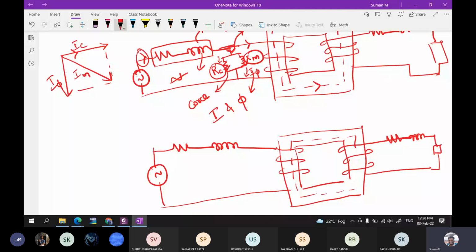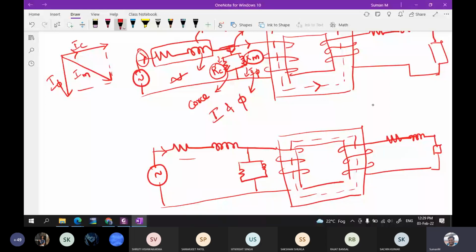And you are having this part. Do you have any doubt in this? This shunt part is responsible for the magnetic flux established and the core loss, and this series part is responsible for the copper loss in the system.